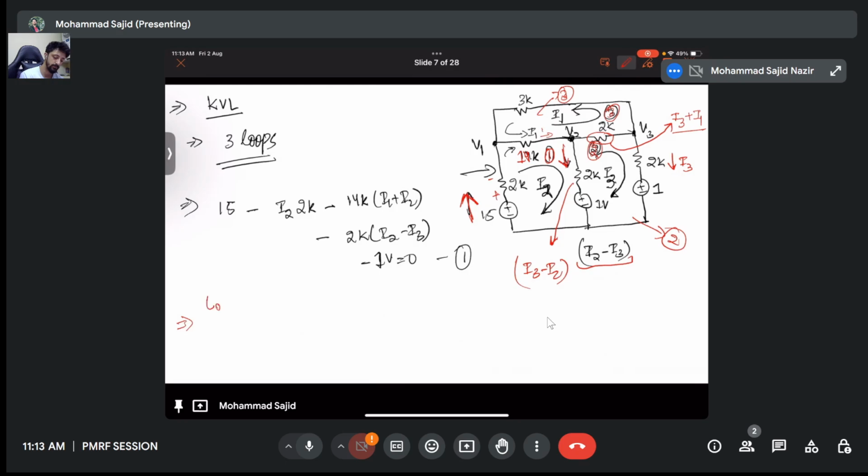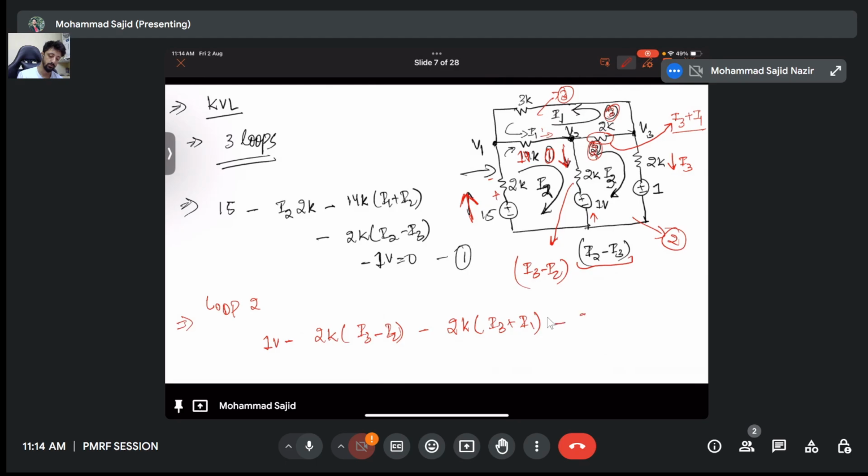Let's say for loop 2, let us traverse the path from here. So this will be 1 volt minus 2 kilo ohm. What is the current flowing through it? This is I3 minus I2, right? Then this is a 2 kilo ohm between V2 and V3. I have a drop of 2 kilo ohm, and the current flowing is I3 plus I1, and then again for 2 kilo ohm between the V3 node and 1 node.